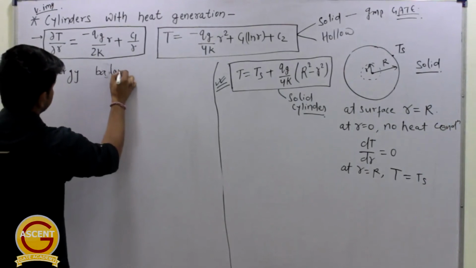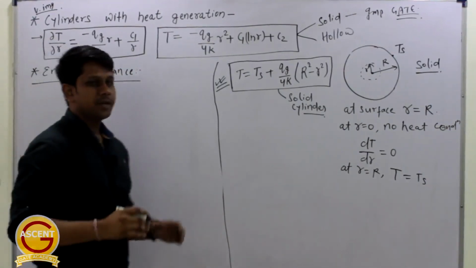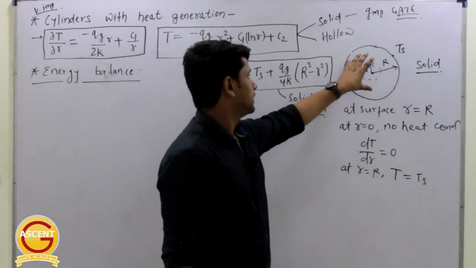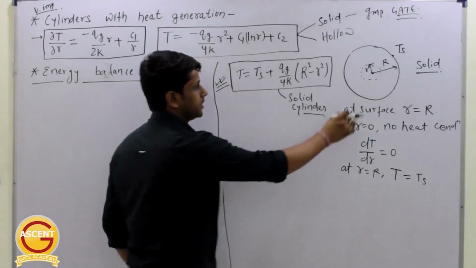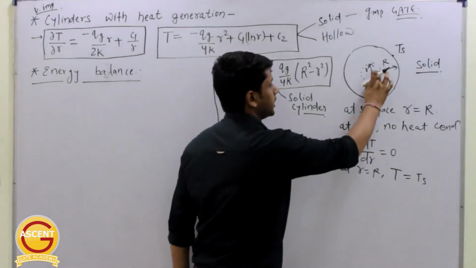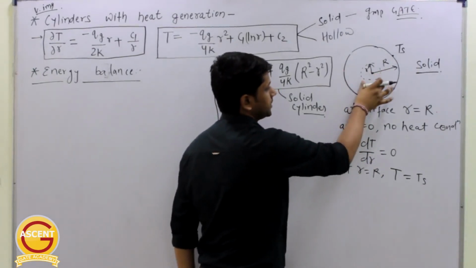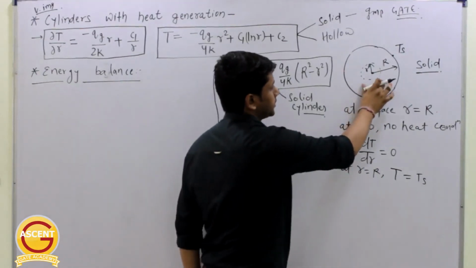We know whatever heat is getting generated inside this volume of the solid cylinder, that must get dissipated. And from which area can this be dissipated? It cannot be dissipated from the internal surface, right? So all the heat that is generated will get dissipated from the external surface itself.